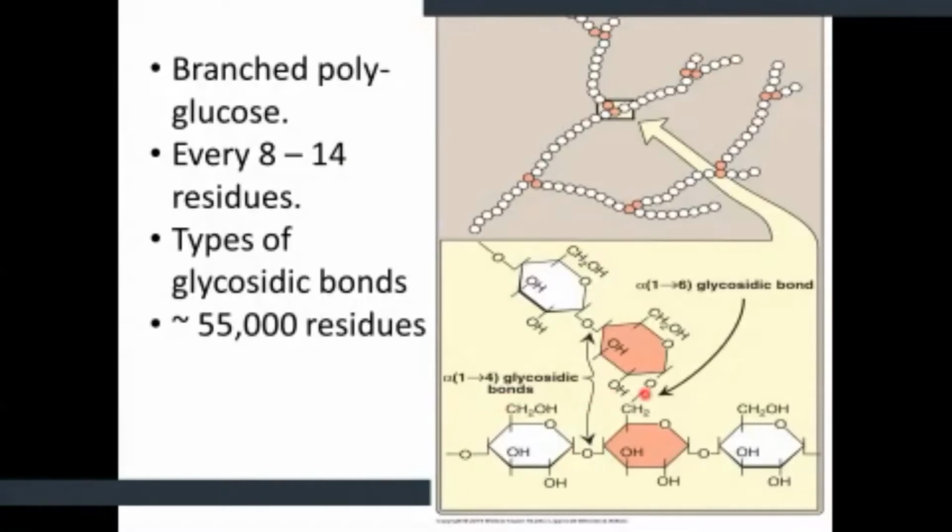The other bond that we find in glycogen as well as amylopectin, at the branching site, is the bond between carbon number 1 of the branching glucose and carbon number 6. How did we know it's 6? We count 1, 2, 3, 4, 5, and this is the sixth one. So that's why the bond is known as the alpha 1,6 glycosidic bond at the branching site.